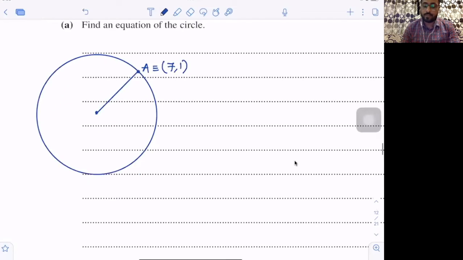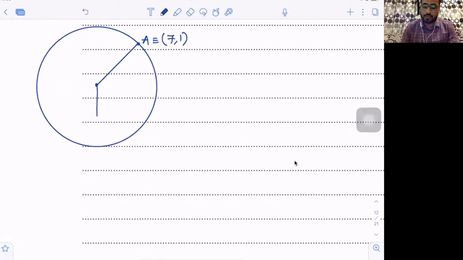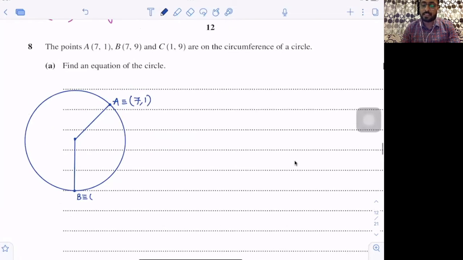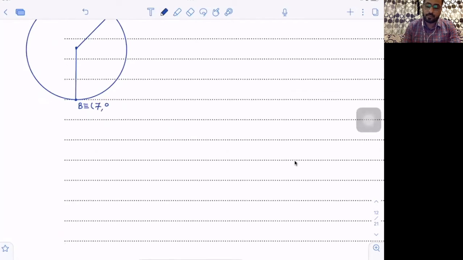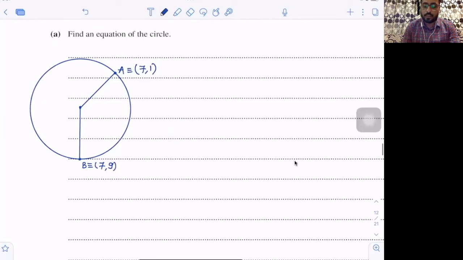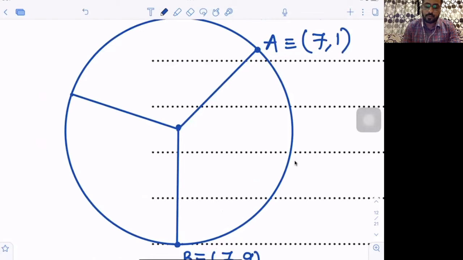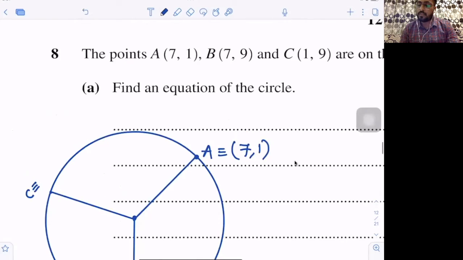Let's say this is point B somewhere, and the coordinates of point B are (7, 9). And there is some point C, and the coordinates of point C are (1, 9).